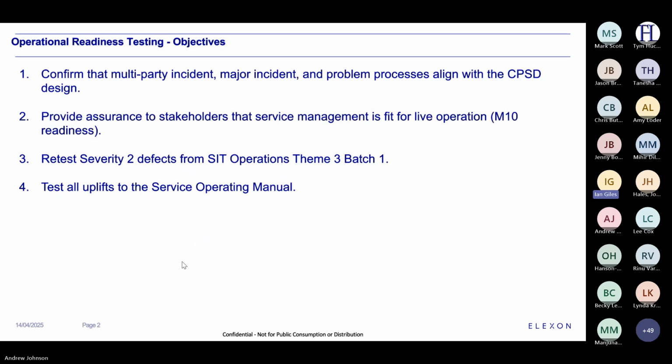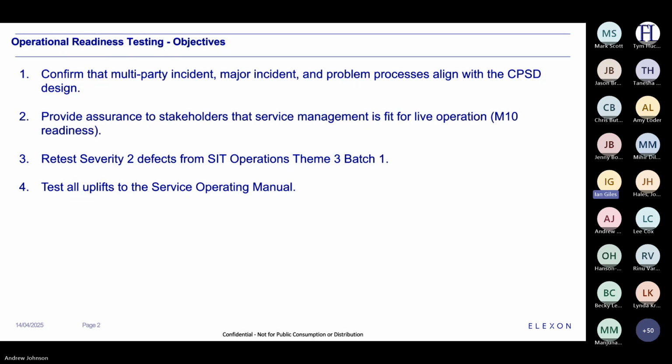First slide is going around the objectives. So the reason why we are actually doing operational readiness testing. The first objective is that we're confirming the cross-party service desk interactions. Now, this meeting is just to cover the testing side.